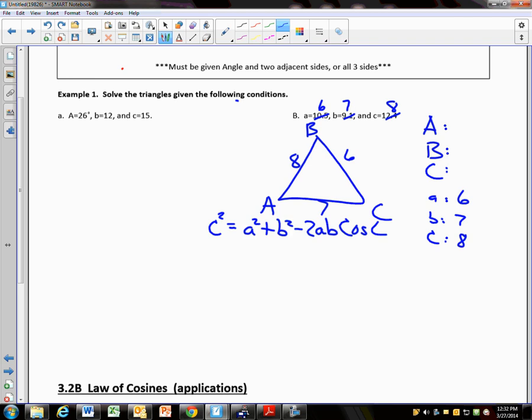What's c squared? 64. a squared, 36. b squared, 49. Minus 2 times 6 times 7, 84, yep, thank you.